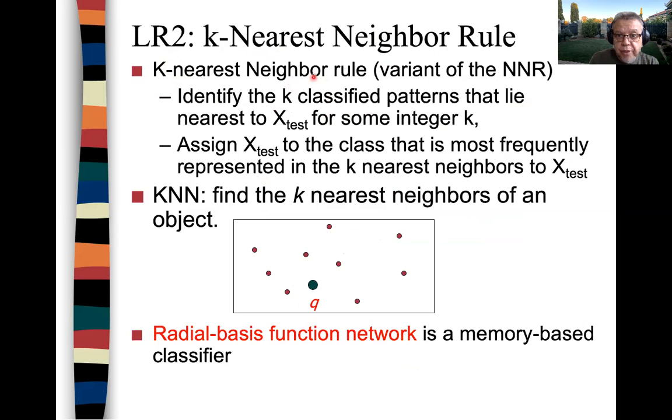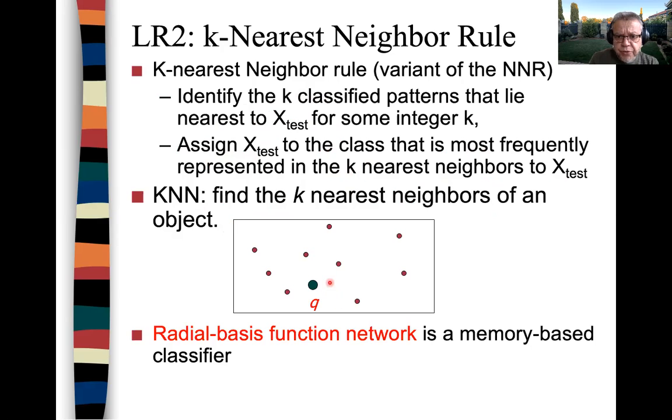The K nearest neighbor rule, which is a variant of the nearest neighbor, identifies the K classified patterns that lie nearest to X test for some integer K. So for the 5 nearest neighbors, you identify the 5 classified patterns which are nearest to X test, and you assign X test to the class that is most frequently represented in the K nearest neighbors of X test. We'll illustrate that in a second.